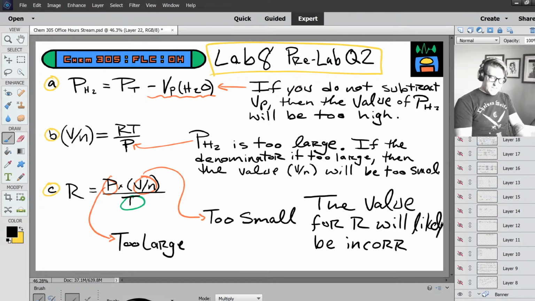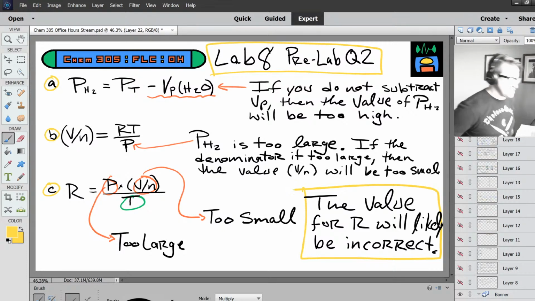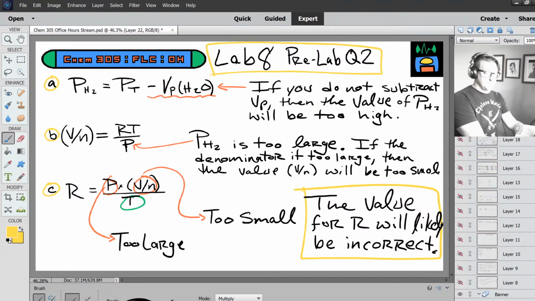You might get lucky and maybe one is the same amount bigger as the other one's the same amount smaller, but you don't know that they'll compensate for each other. So it will likely be incorrect because 2/3 of the numbers that they're using in this calculation have wrong values. So that is how I would answer the Prelab question number 2, lab 8.